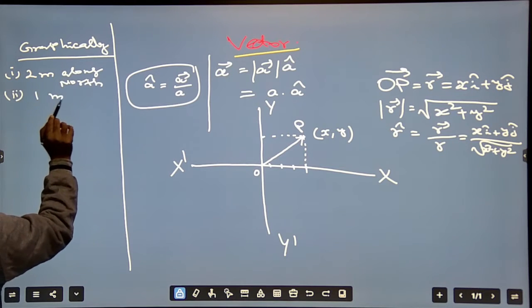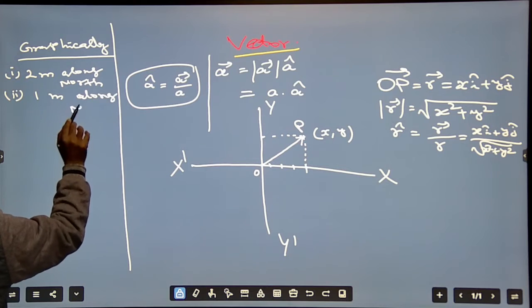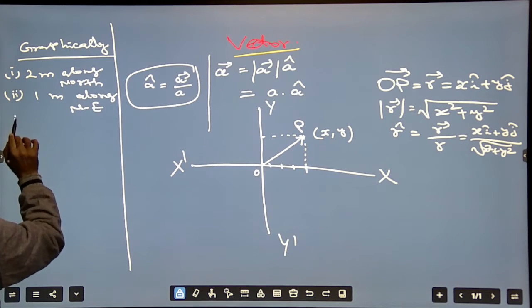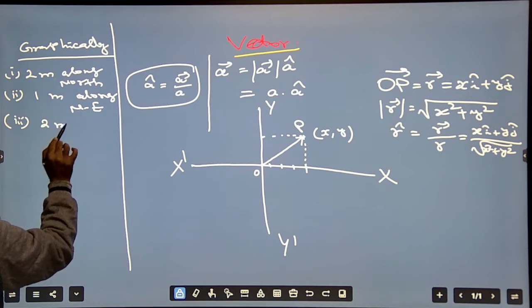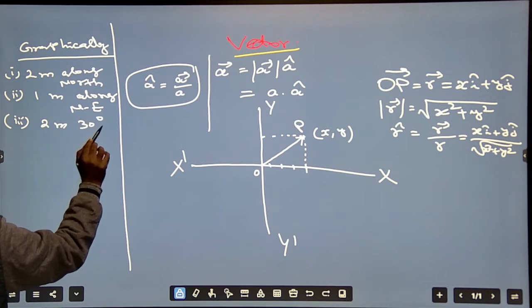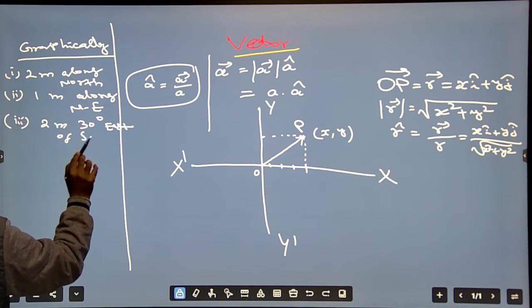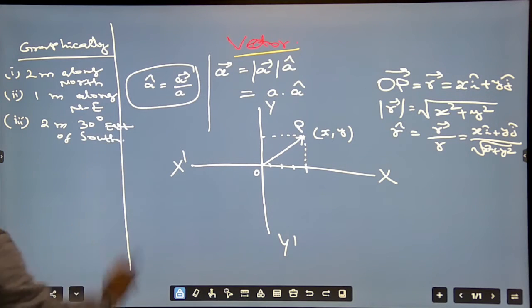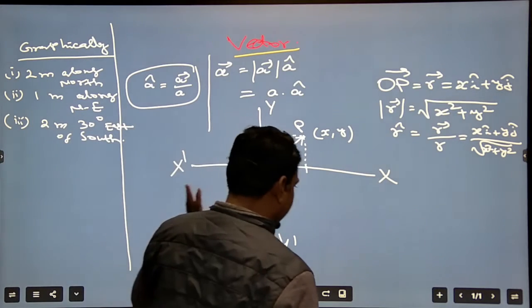Suppose 1 meter along northeast. Suppose 2 meter 30 degree east of south. Now we will represent these three vectors graphically.